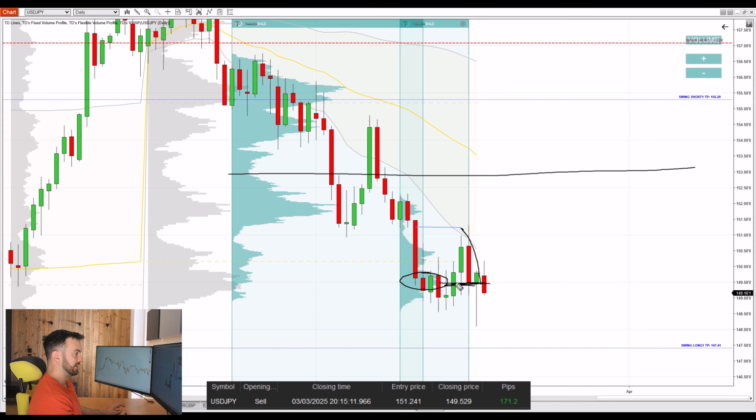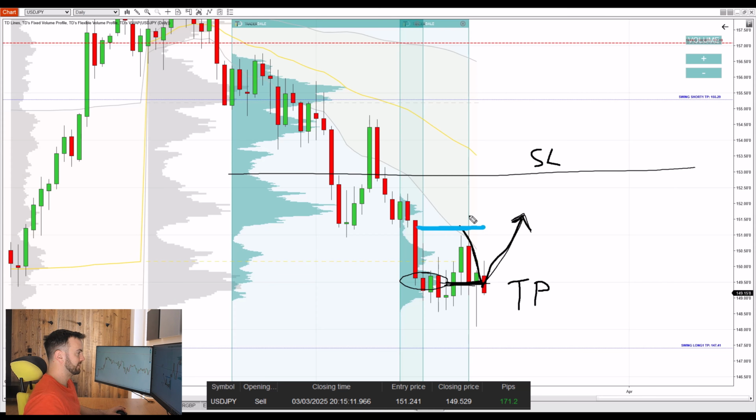And the reason is, a heavy volume zone could prove to work as a barrier, right? So there could be a reaction to it. And when you are in a short trade, you don't want to risk that the price will just turn and go upwards, right? You want to take your profit and be done with the trade, right? So that's why the take profit was in here, and that's why the stop loss was in here, all right?